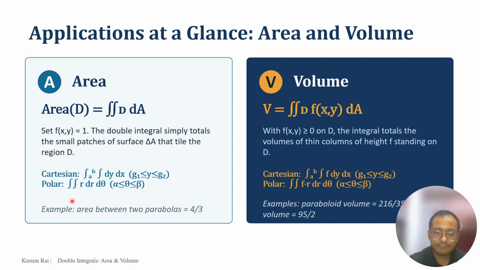In polar form, it is the double integral of r dr d theta, where theta is greater than or equal to alpha and less than or equal to beta. For the volume, we already discussed that V is equal to the double integral over the region of f(x, y) dA.